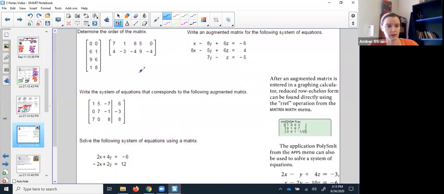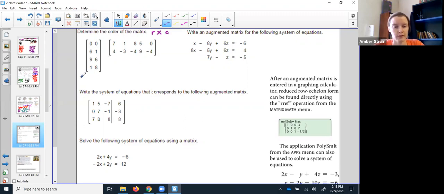So the first thing we need to do is to learn how to talk to our calculator. It's going to ask us about the order of the matrix. Now this always seems a little bit backwards to me because I think x, y on the Cartesian coordinate, the order of the matrix is a little bit backwards. So we do rows, columns. So reverse out of alphabetical order, row by column.